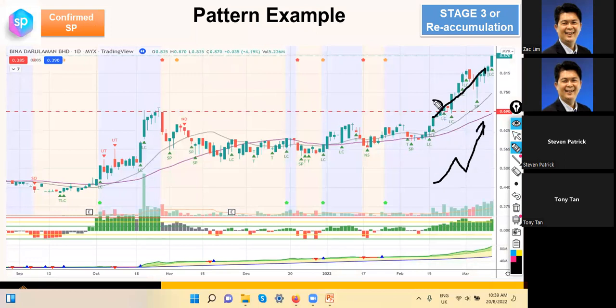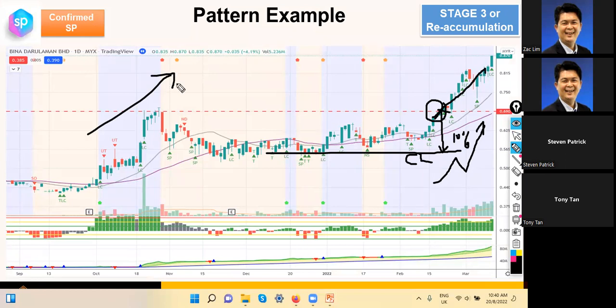Once you invest here, your support automatically becomes your cut loss area. Then you calculate from this maximum to here, what is the risk? Let's say it is a 10% risk. You need to see the market, whether overall it is in a bull run or in a bear market.